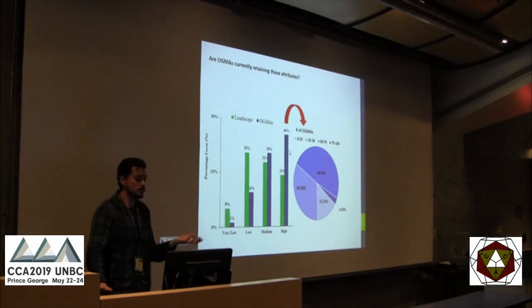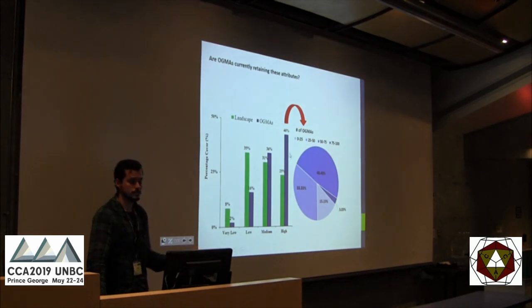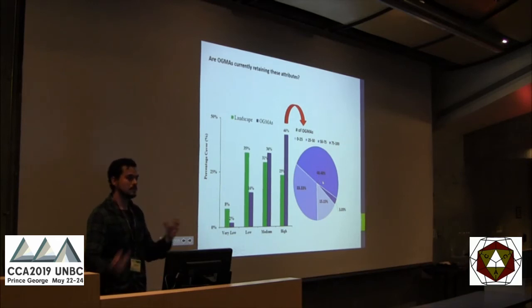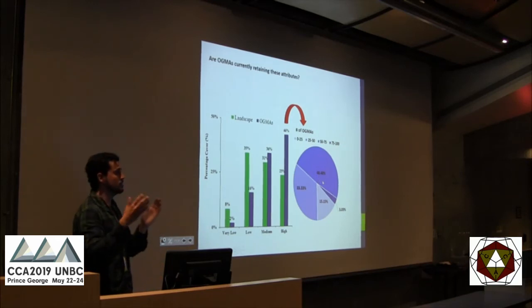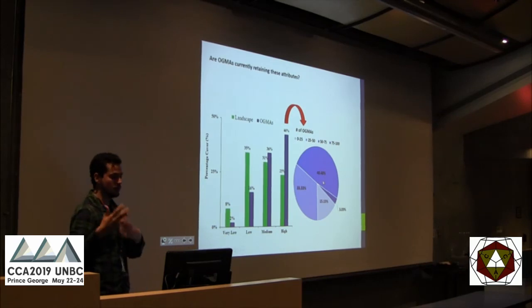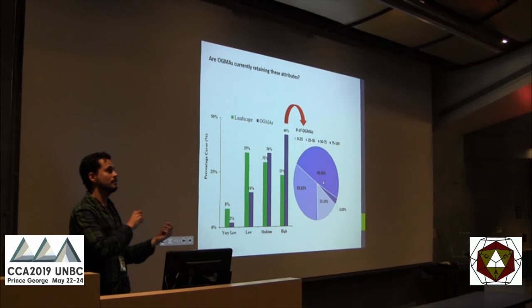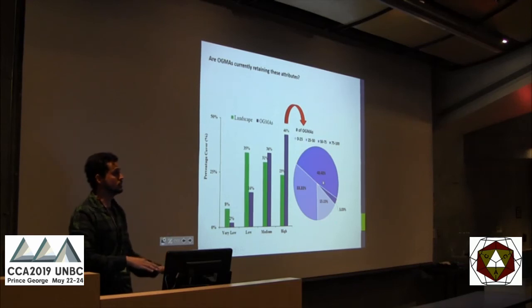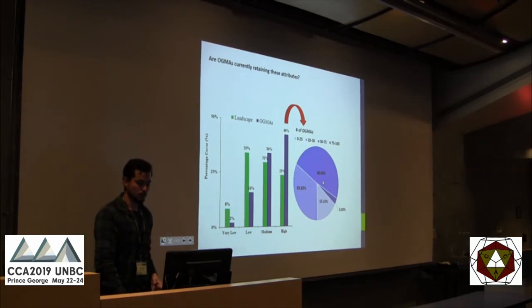So the OGMAs are doing a good job retaining forests with high value for old growth. And when I look only at OGMAs, it's like 50-50: 50% of the OGMAs have high coverage of forests with old growth values, and 50% have low coverage of old growth forests.